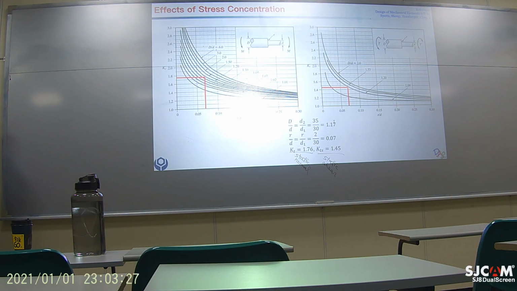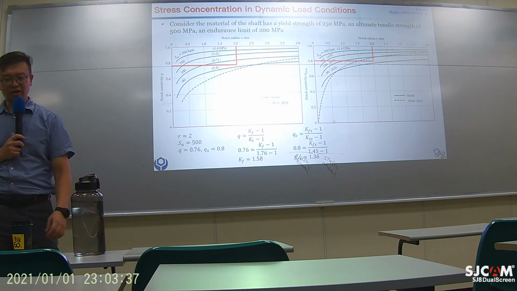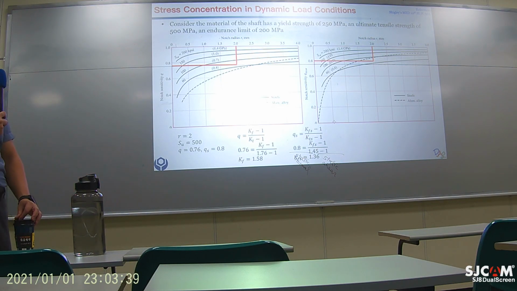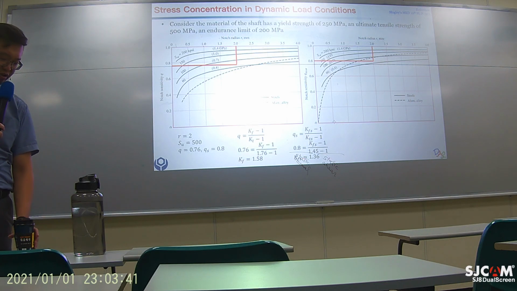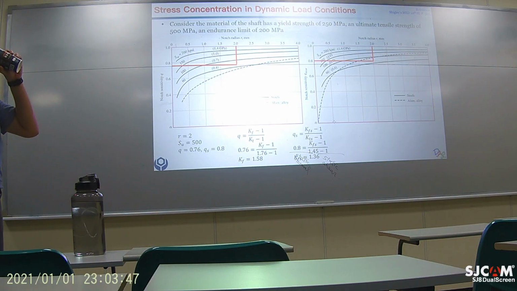So we need to read these two tables, the q and the qs. So right here, that table gives us the notch sensitivity, q. The right-hand side gives us qs for the shearing.